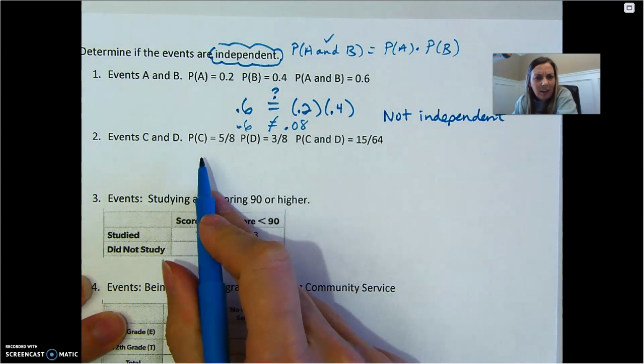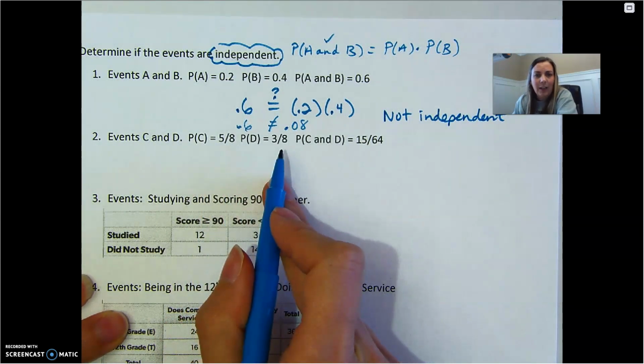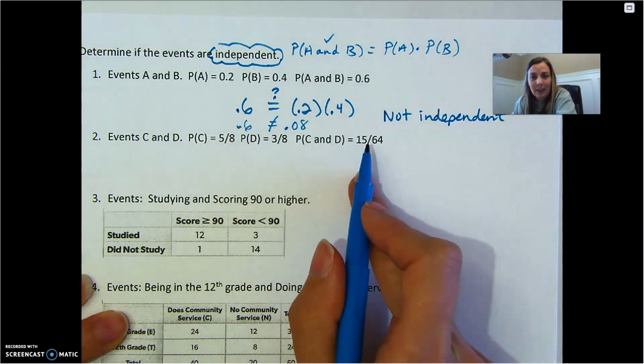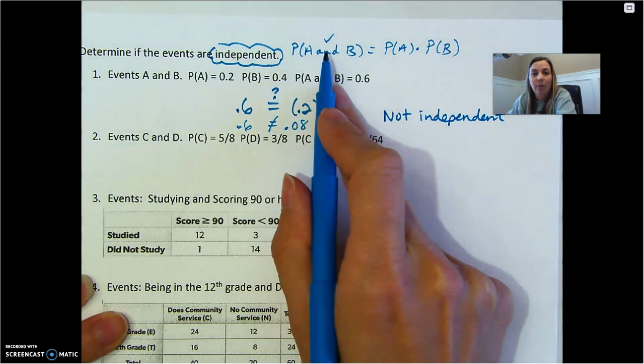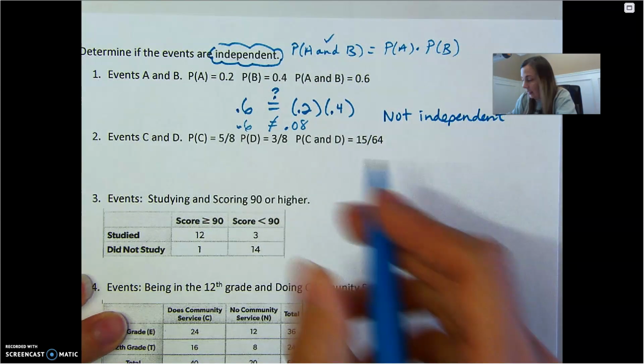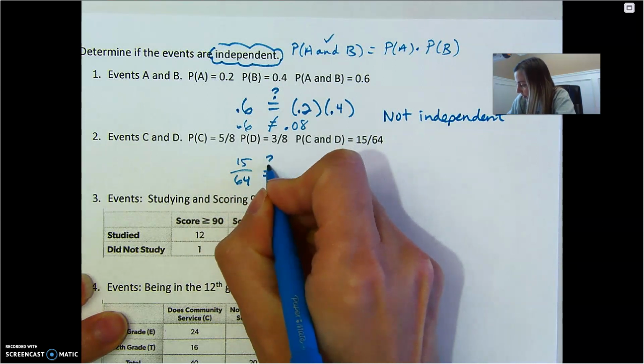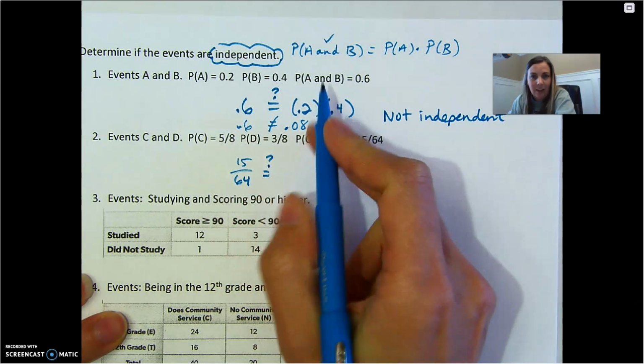All right, let's check out the next one. We've got C is 5/8, D is 3/8, C and D is 15 out of 64. So following the formula, the and is 15 out of 64. I'm going to put a little question mark because we're seeing if it equals.